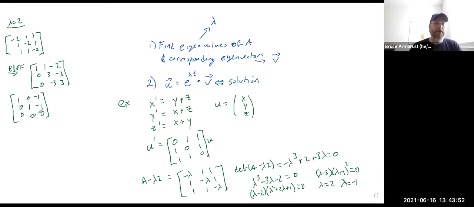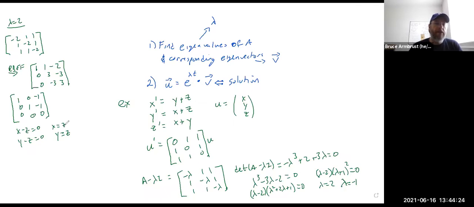Now I wanted to show you the 3x3 just to remind you this is a little bit more difficult than with the 2x2, where you can just swap the 2 values and make one of them negative. Instead, look at what this first row is saying: x minus z equals 0. And the second row is saying y minus z equals 0. So x is equal to z and y is equal to z.